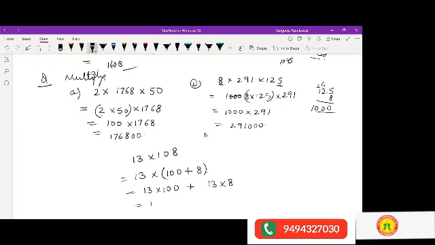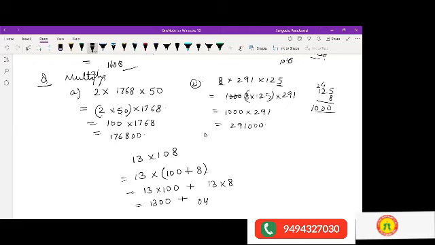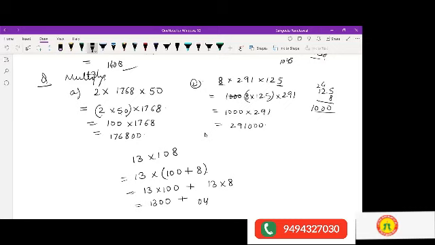So 13 into 100 will give me 1300. And 13 multiplied by 8 is 104. So now you can add both of them, and you get 1404. This is your answer.